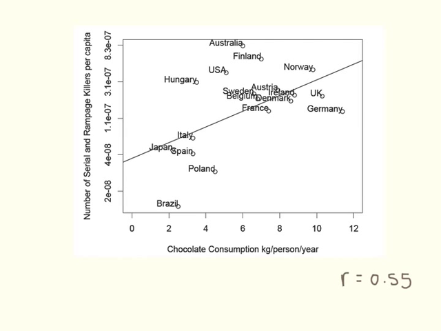So the point of this is just to show that lots of different variables can be correlated. You can find correlations that are spurious, meaning meaningless, between lots of different variables, and so that's why correlation should not be taken as evidence for causality, because there's lots of ways you can get two variables to be correlated that have nothing to do with causality.